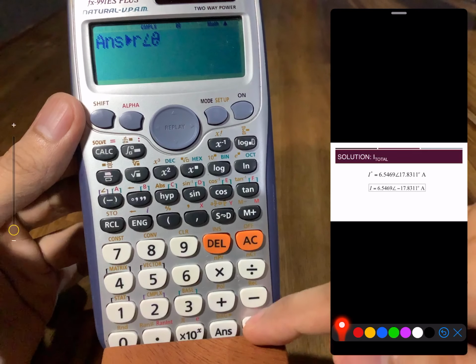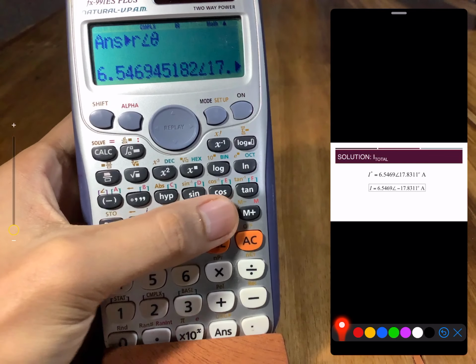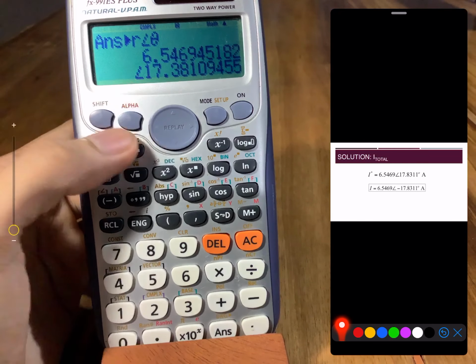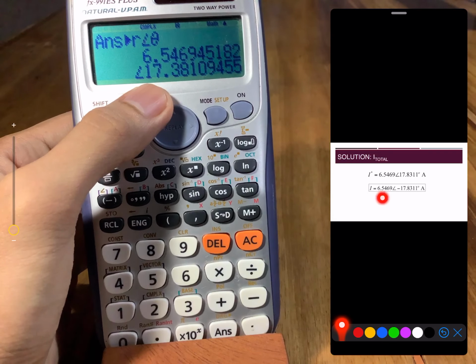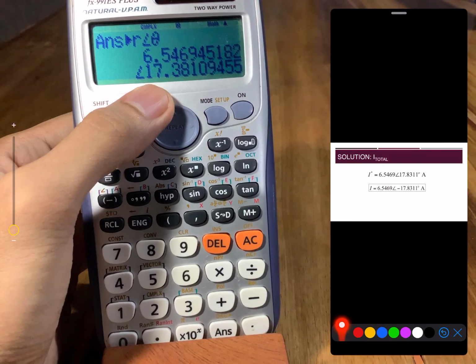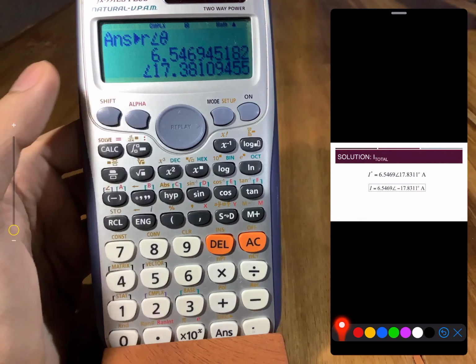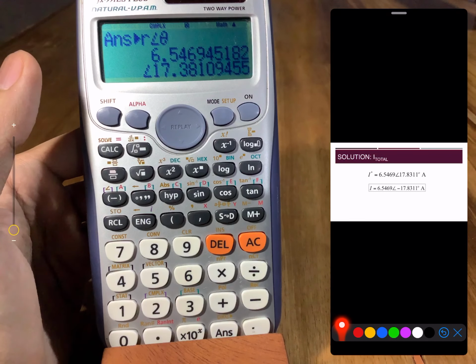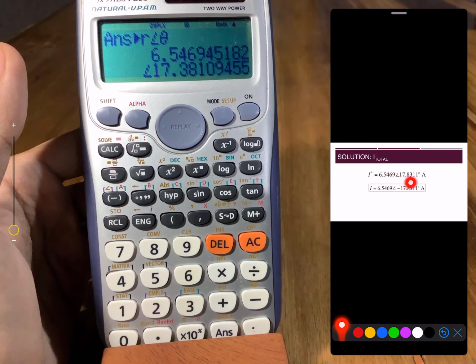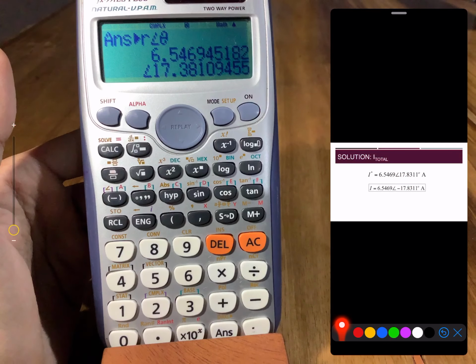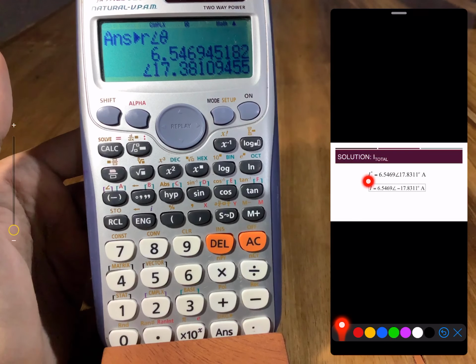So in terms of polar form, let us check. Okay, we have here 6.5469 magnitude, and the angle is 17.8311 degrees. So take note, this current is not the final value of the current, since we have to perform conjugate.